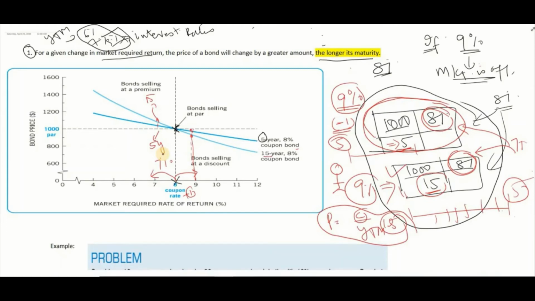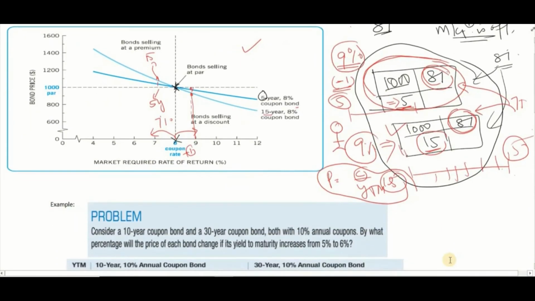Affected more means it can increase more or decrease more for bonds with long-term maturity. You can see that from this graph. And now we also see an example to understand this phenomenon.